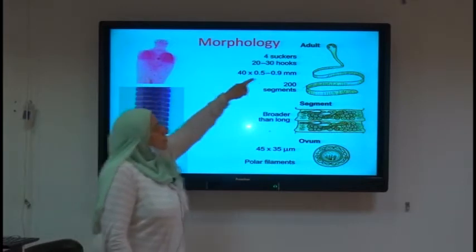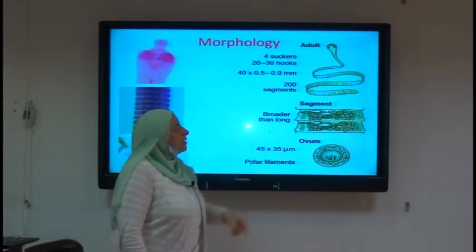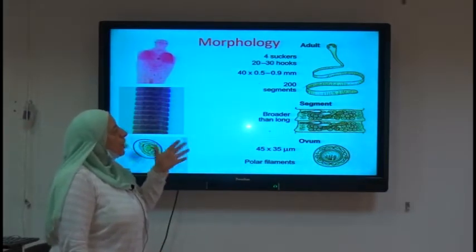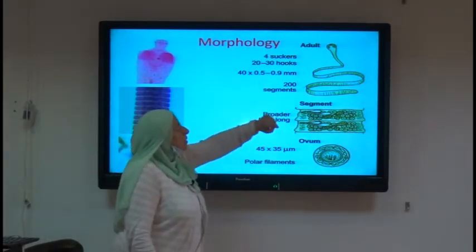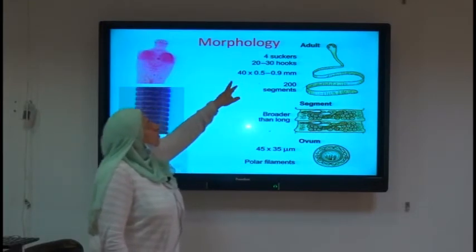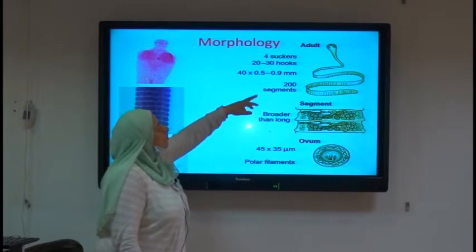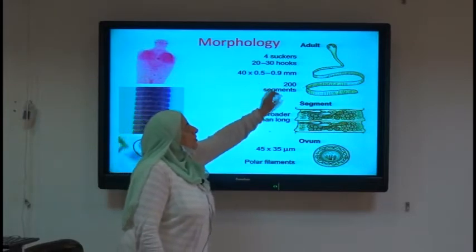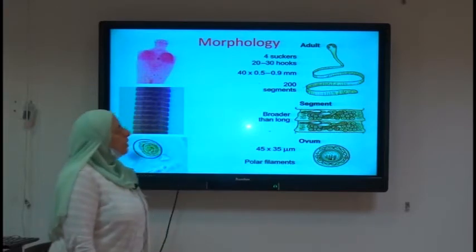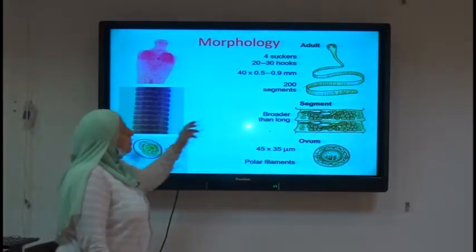Following the scolex, a short neck and a strobila formed of about 200 segments. The total length of the worm is a maximum of 40 to 45 millimeters, and the breadth is a maximum of 1 millimeter.